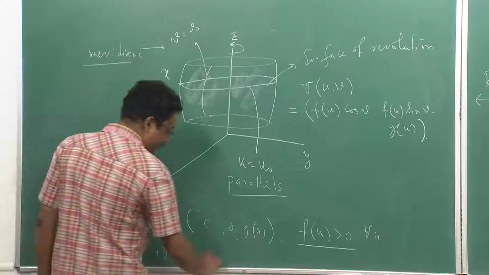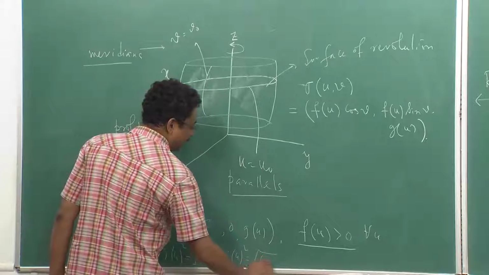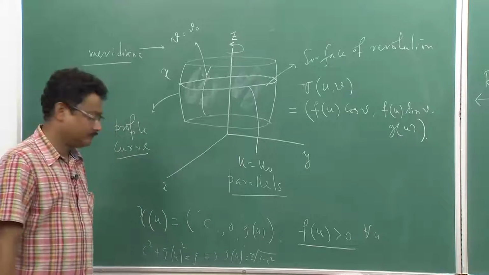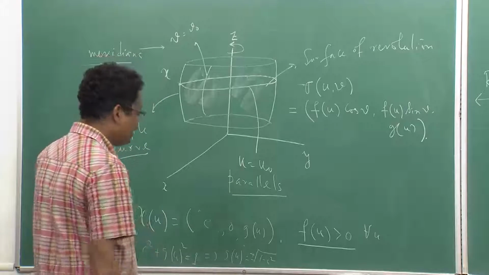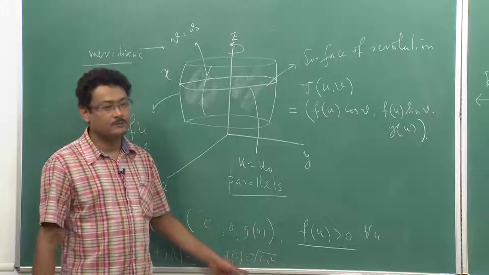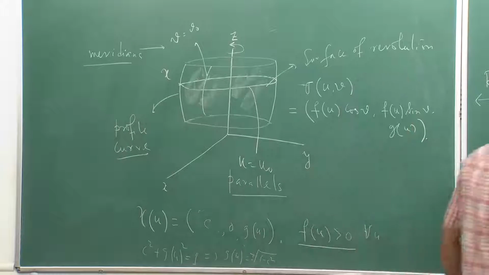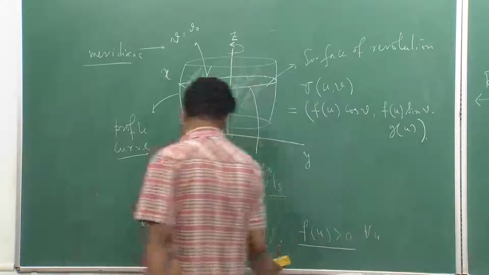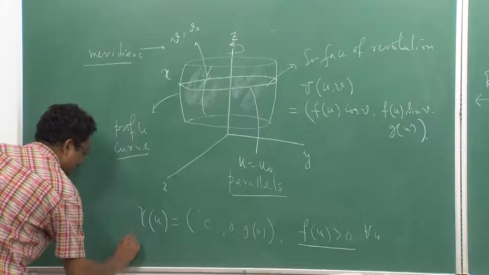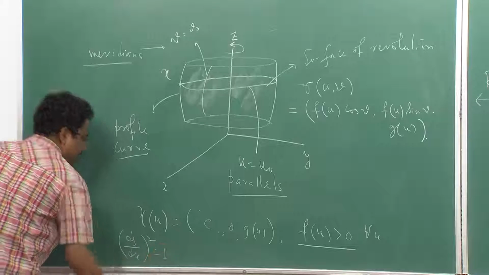But that will force g(u) square, and g(u) I want to be a smooth function, so that will force dg/du square equal to 1.